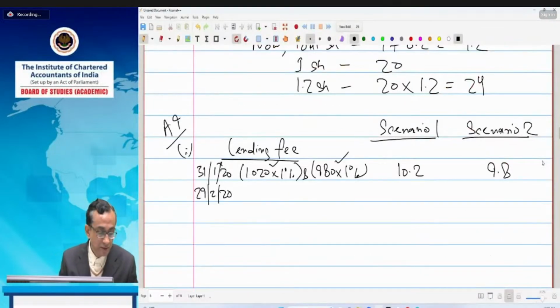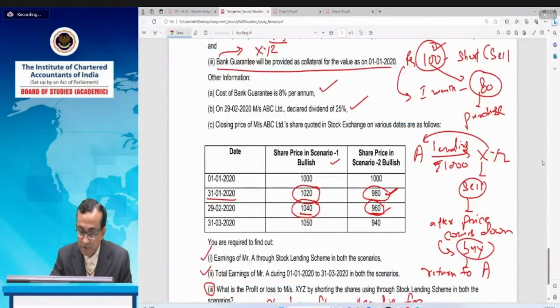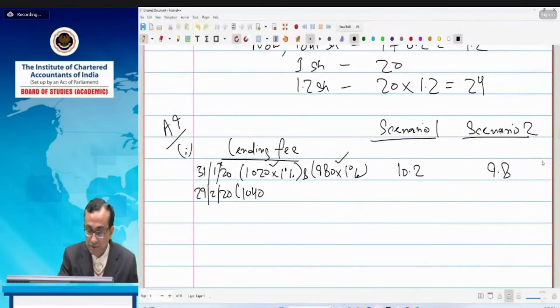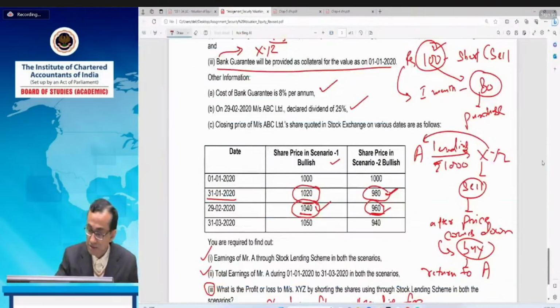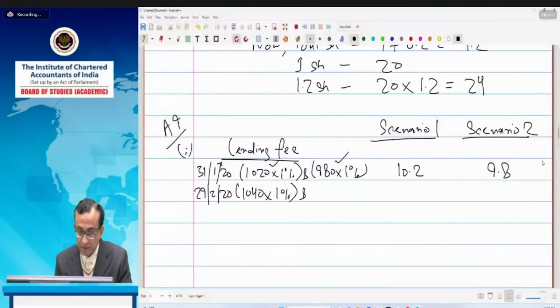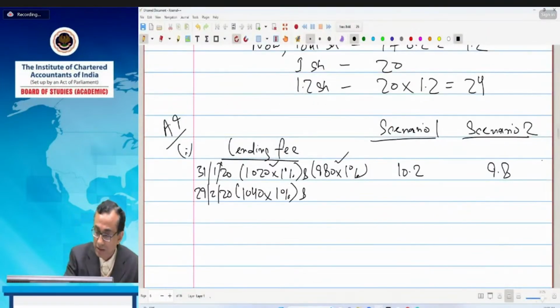Now let us calculate it. So 1040 into 1%, and in case of scenario 2, 960 into 1%.